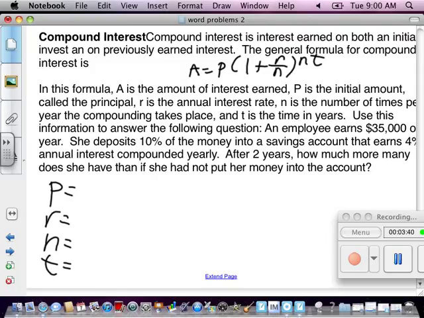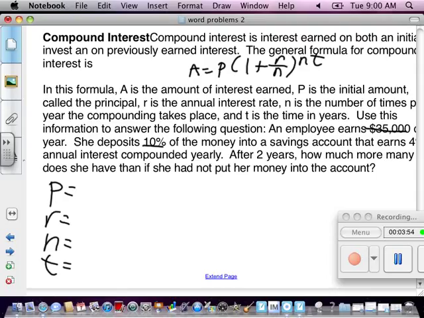How much money did she earn? $35,000. How much money does it say percent-wise she put in the account? 10. So what is 10% of that? What is the rate that the savings account earns? 0.04 or 4%.